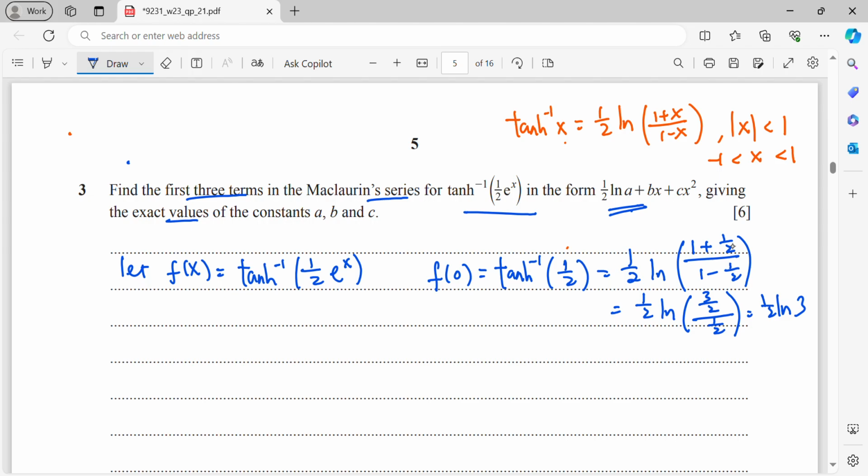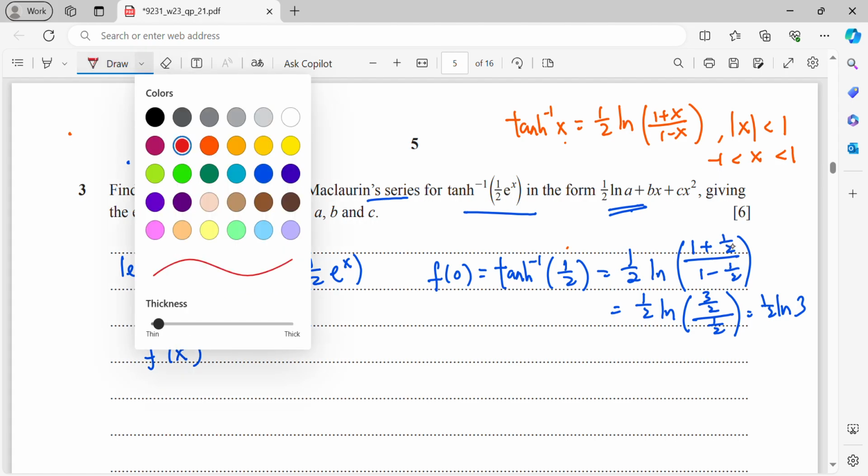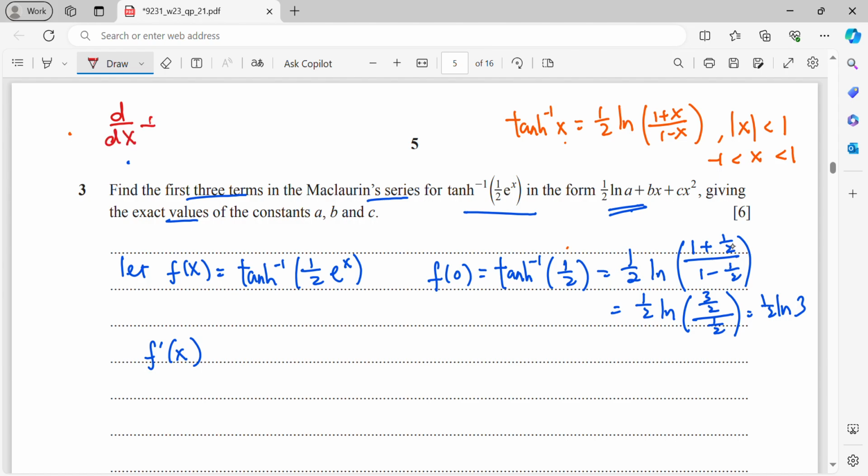Okay, so now f prime x, how do we differentiate? For your information, differentiation of inverse hyperbolic tangent x is 1 over 1 minus x squared. This is the formula in the formula list. But now you look at here, this is no longer x, this is half e to the x.